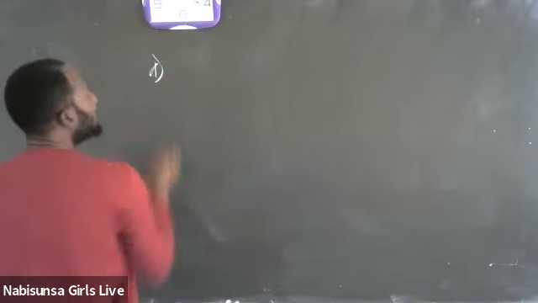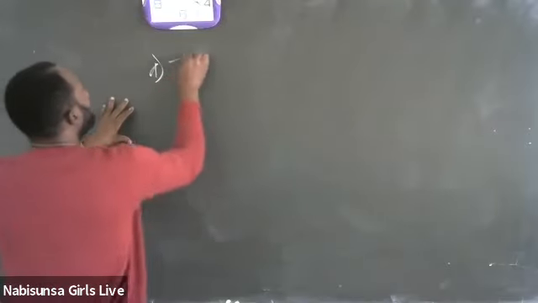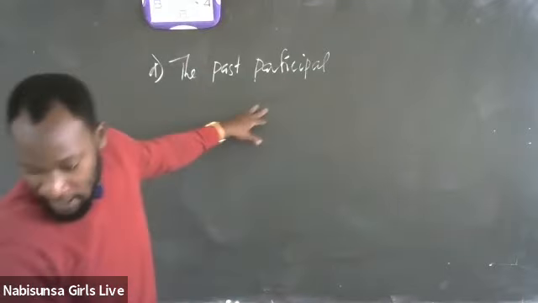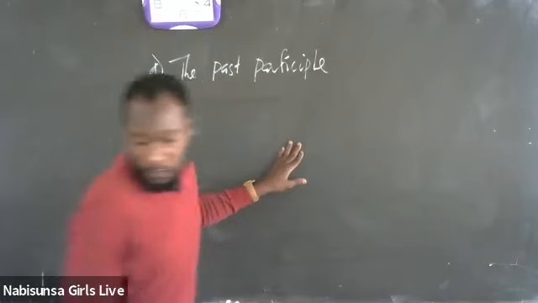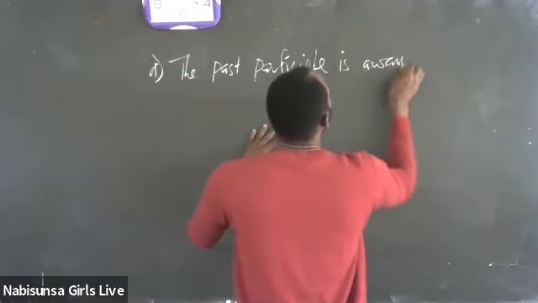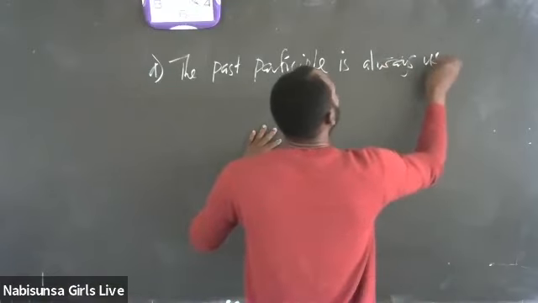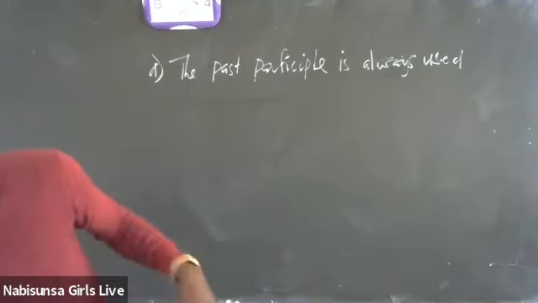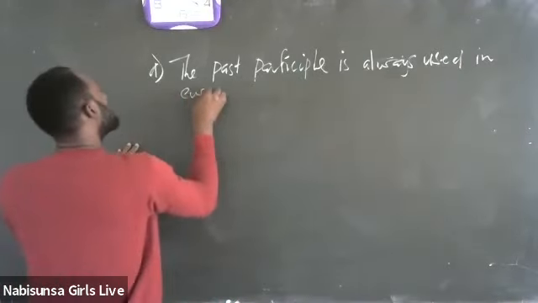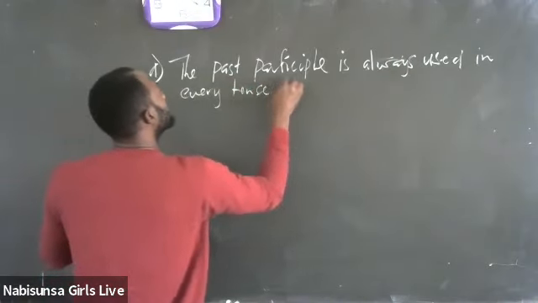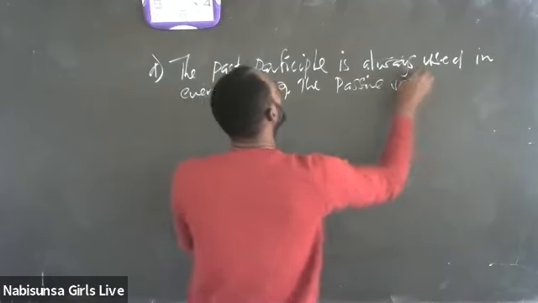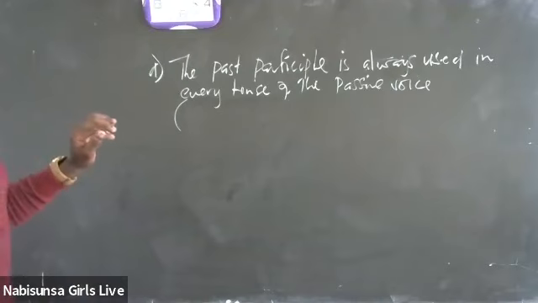Let's have A. The past participle is always used in every tense of the passive voice. In brackets, you can have swept.